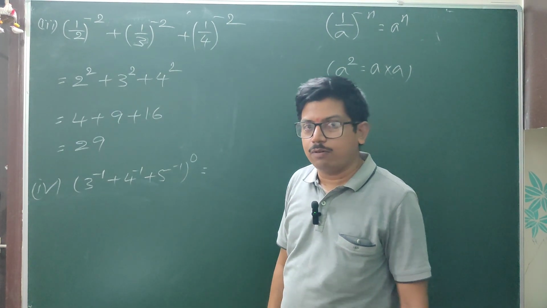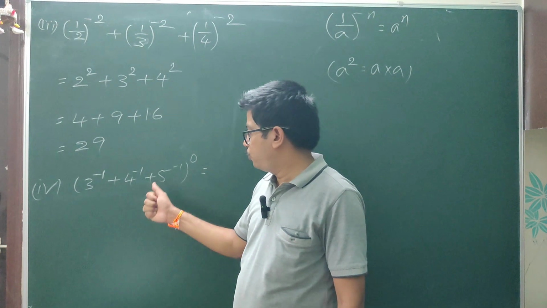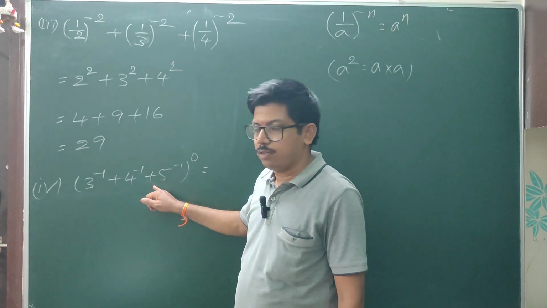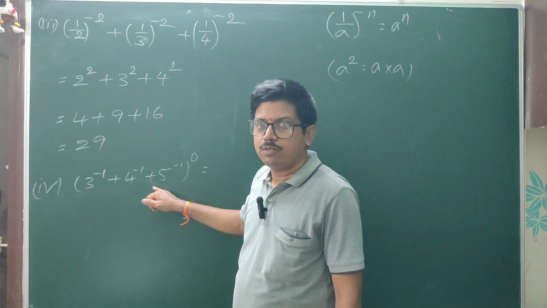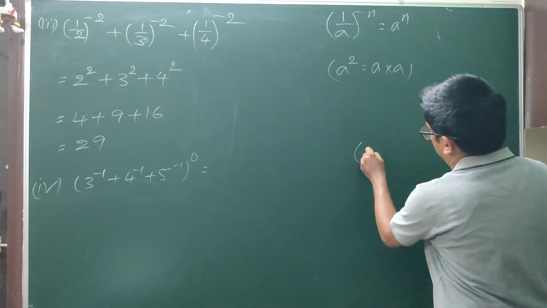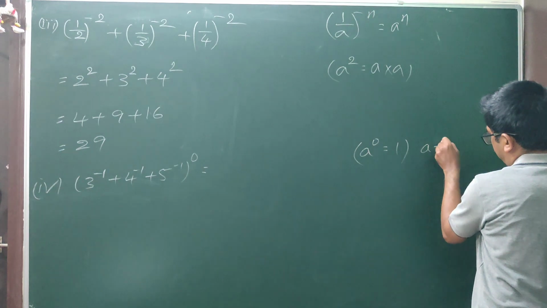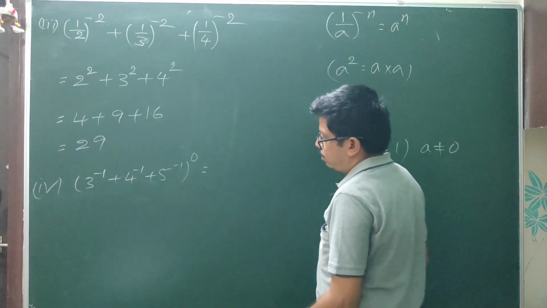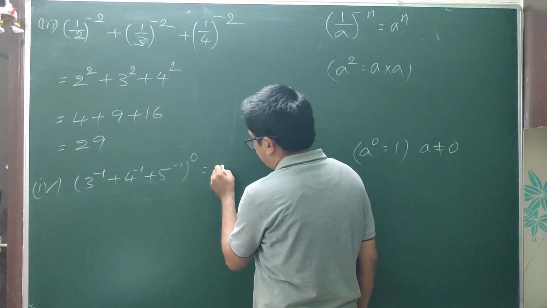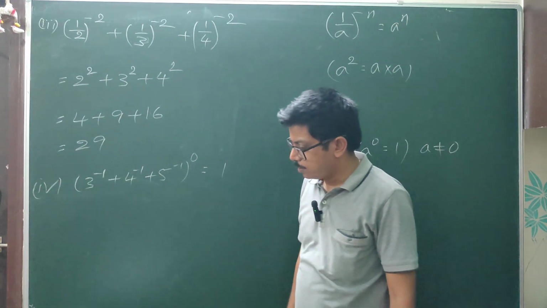You just forget about the things in the whole brackets and observe the whole power 0, and the sum of all these is not equal to 0. So anything power 0 equals 1, of course a not equal to 0. So you will get the answer as 1.